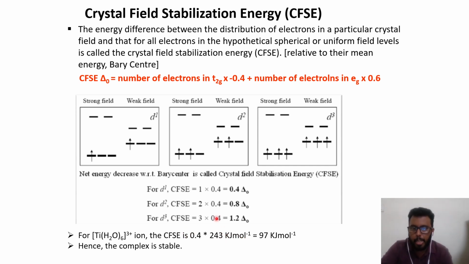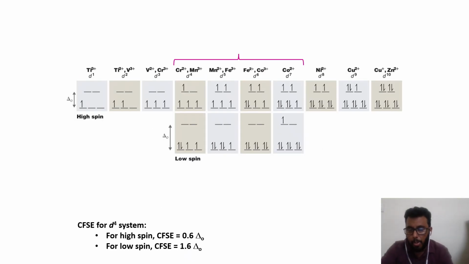When you multiply 0.4 with this delta O value, you will get 97 kilojoule per mole. Since this value is small compared to the other cases, this complex is more stable.